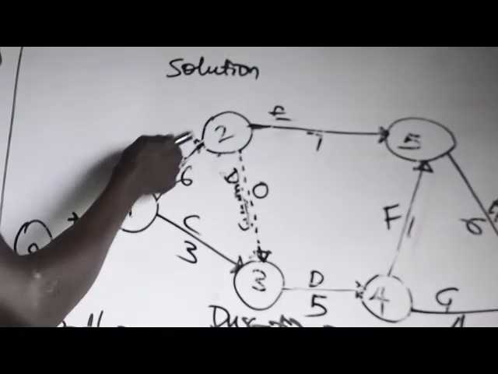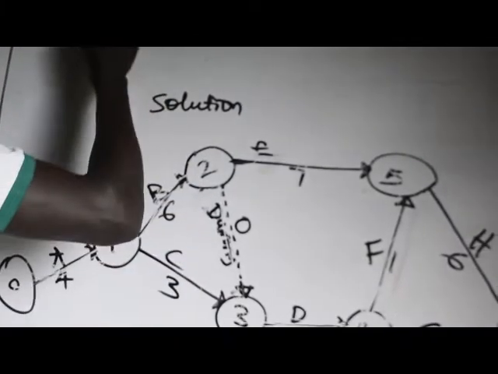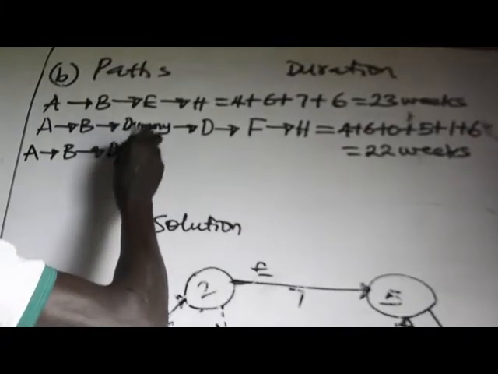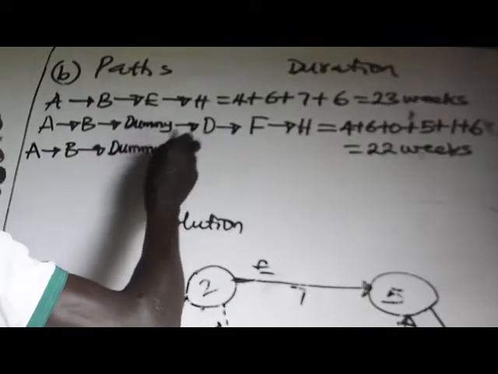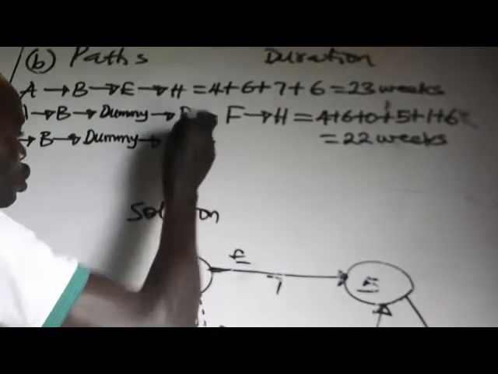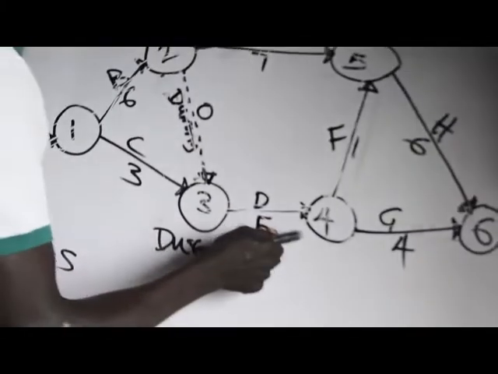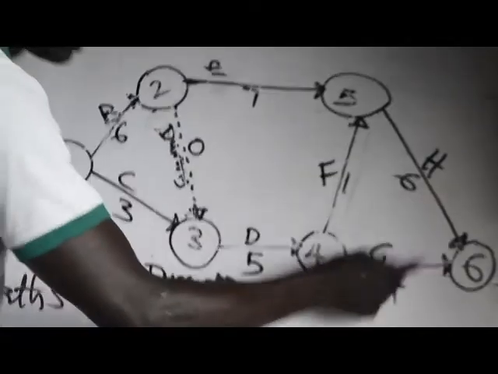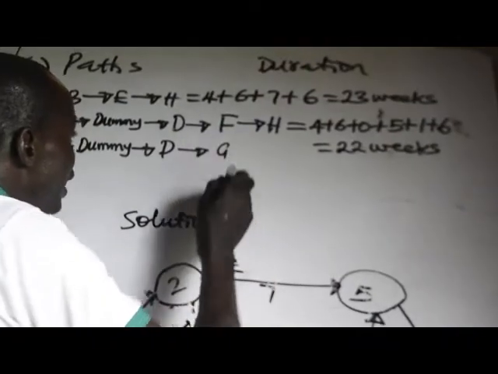A to B, B to dummy, dummy to D, D to G, and that is where the journey ends.